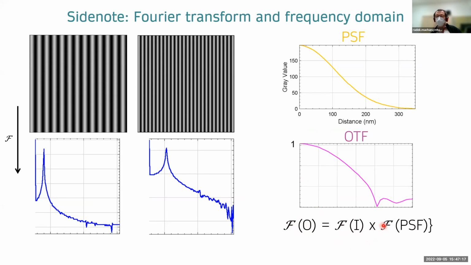So instead of something complicated like convolution, I have a very simple mathematical operation, just a product of two images. That means I can do simple algebra here. The Fourier transform of the ideal image is the Fourier transform of the observed image divided by the Fourier transform of the point spread function.